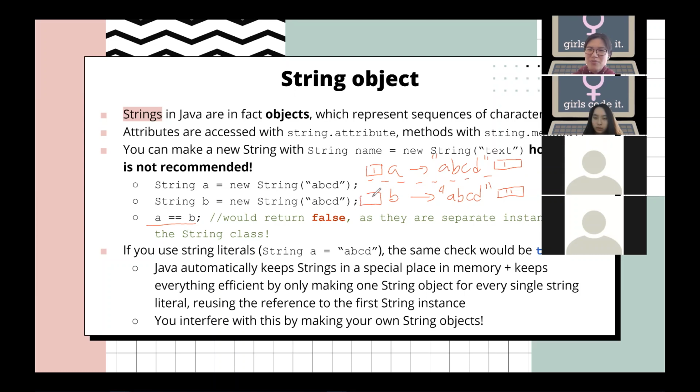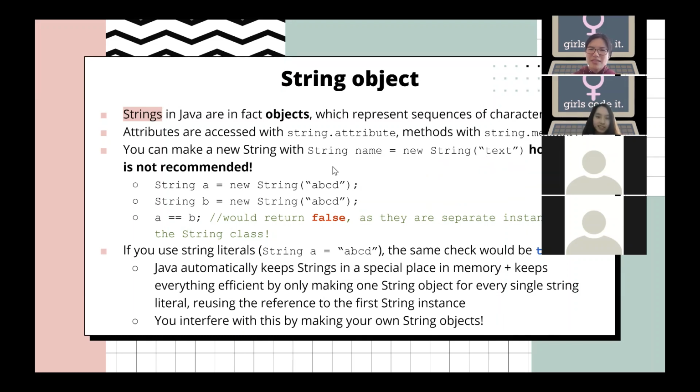The value of B would be 1, 1 because it stores the address of the second string object. So they technically wouldn't be equal. Anyone have questions about that?